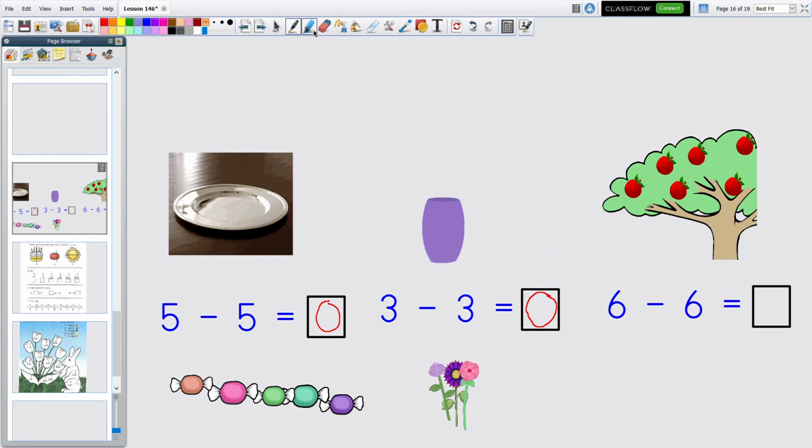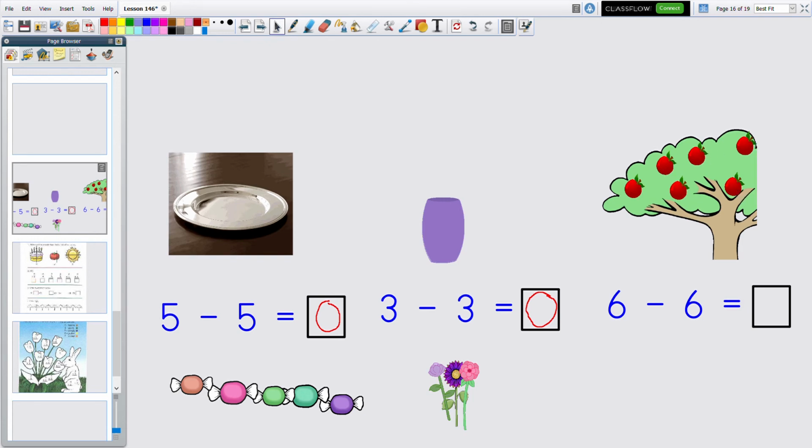Okay, let's go to the last picture on this. We have a subtraction sentence. 6 minus 6 equals box. So we have to figure out what goes in the box. So we have 6 apples. 1, 2, 3, 4, 5, 6 apples.